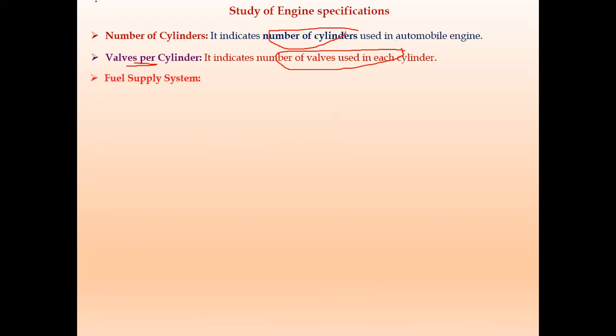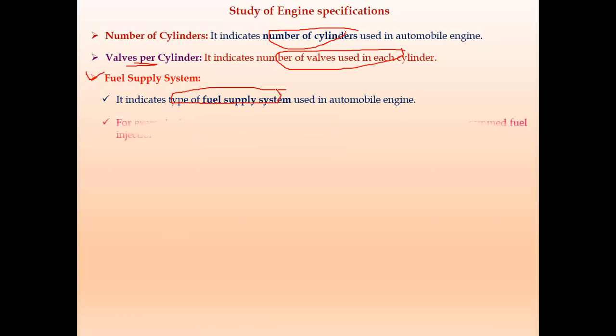Next parameter is the fuel supply system. It indicates the type of fuel supply system which is used in the vehicle or automobile. For example, in the case of a diesel engine or CI engine, the MPFI system is used, that is called multi-point fuel injection system, or it is the PGM-FI system, that means programmed fuel injection.